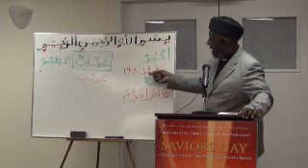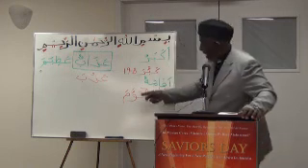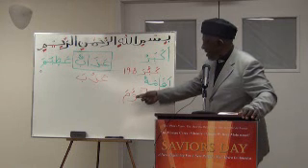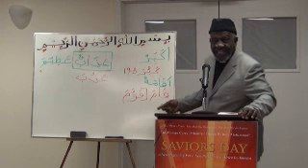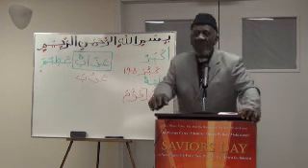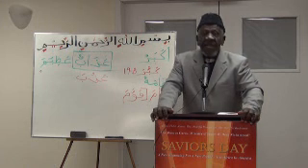So the ka, the ba, and the ra is going to be in every word that comes from it. But qawama is weak, so they're able to change it to a or e. See, weak verbs mean that you have a letter in the root form that is a vowel.